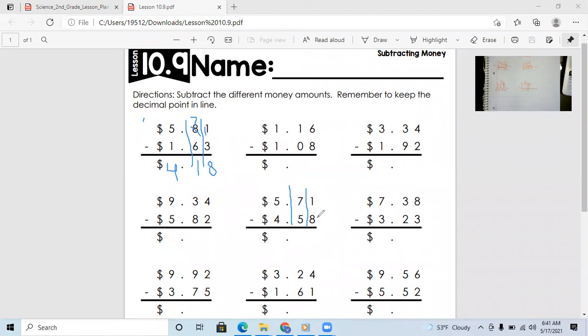I'm going to start on the right. I notice that I have more on the floor, so I need to go next door and get 10 more. So now what's 11 subtracted by 8? Right, it's 3. Now what's 6 subtracted by 5? Good job, it's 1. And lastly, what's 5 subtracted by 4? 1. Great job, friends. So our answer would be $1.13.